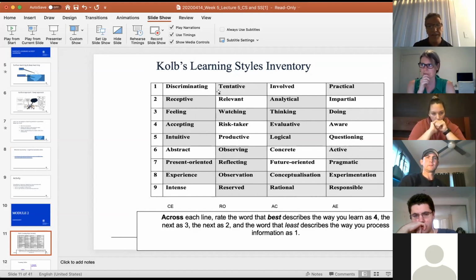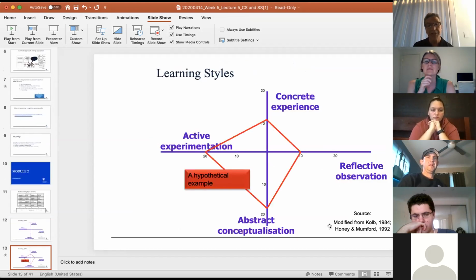If you did all of those, you would come up with a weighting that you can weight onto this grid to determine whether you learn a lot by having concrete experience, or by reflective observation, or abstract conceptualization, or active experimentation.